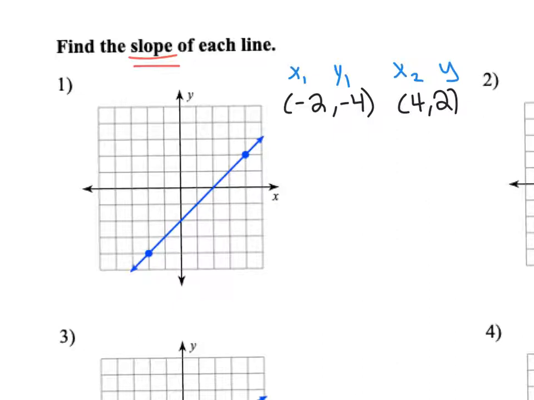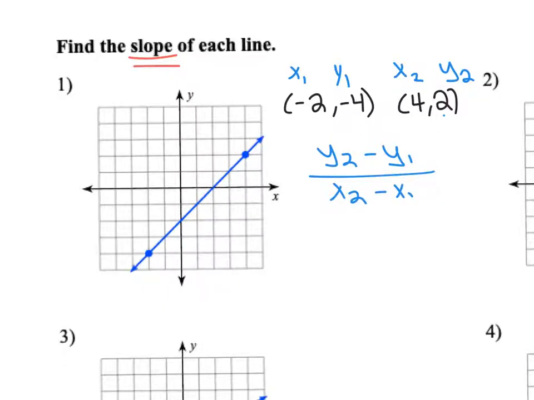So remember that to find slope, we can use a formula, and our formula will help us figure out the distance between our y value and the distance between our x value. And that formula is y2 minus y1, so our change in y over our change in x, x2 minus x1.